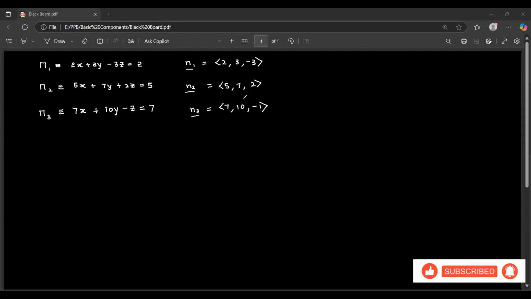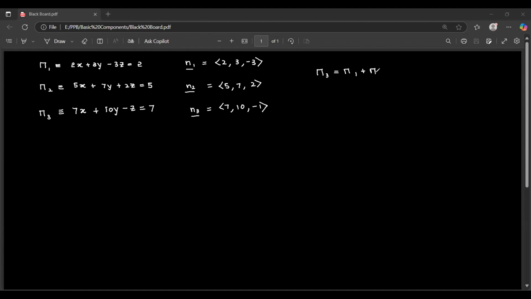Now let's take this. I can see a pattern here that pi 3 is equal to pi 1 plus pi 2. How do I see that pattern? First let's start with n1, which is given as 2, 3, minus 3.